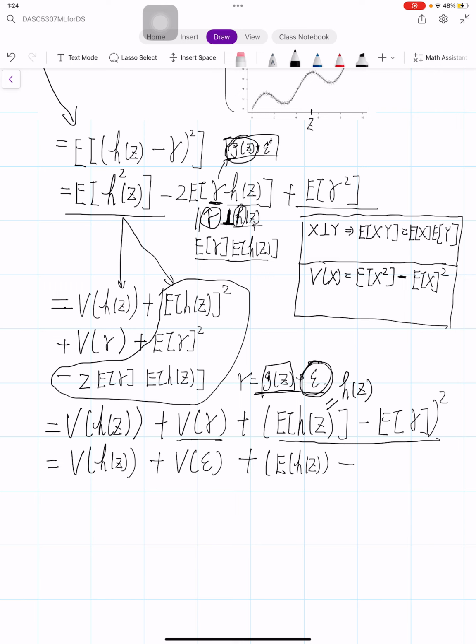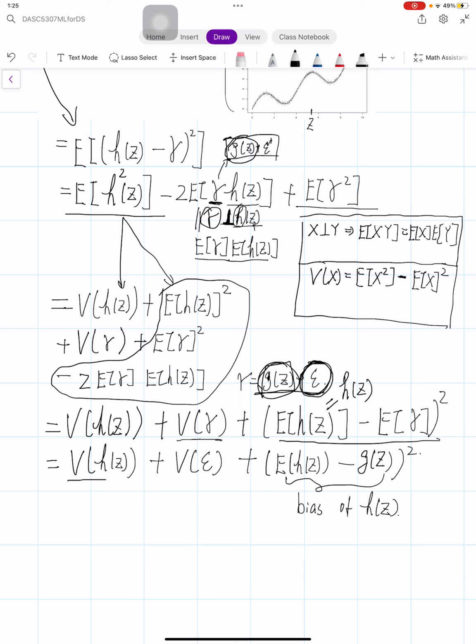Remember epsilon has an average of 0, right? So the expected value is just g(z), squared. So what's this? This is called the bias of h, your model.